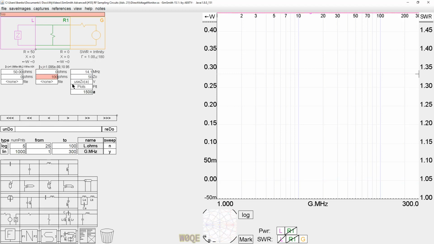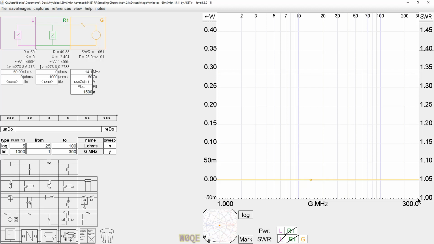Likewise, 1,000 ohms of inductive reactance will give me just a hair over 1.05 to 1 SWR. And 1,000 ohms of capacitive reactance would give me, again, just a hair over 1.05 to 1 SWR. If we assume that that's the maximum amount of SWR increase that we would tolerate in our circuit, let's see what we can do.